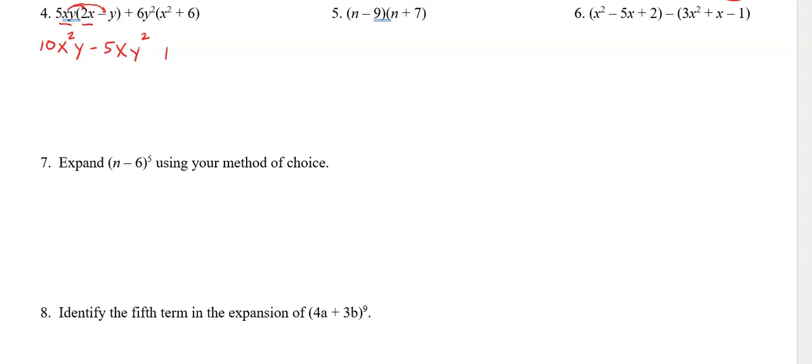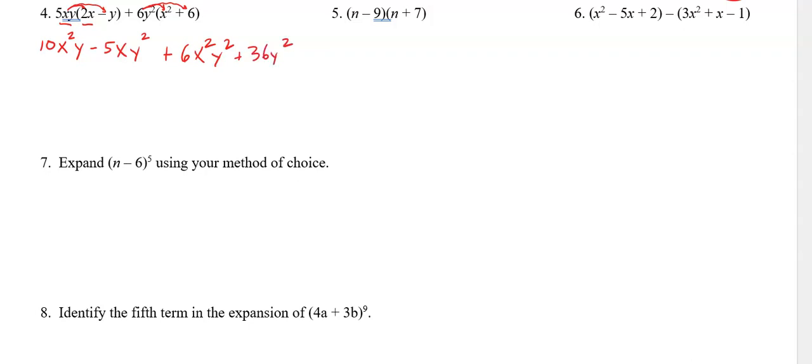All right? And now I'm going to jump over here and distribute 6y squared to both of these. So 6y squared times x squared is 6x squared y squared. Notice when there's two variables in a term, you just list them alphabetically. And then 6y squared times 6 is 36y squared.